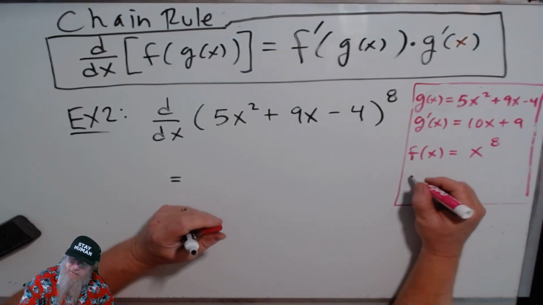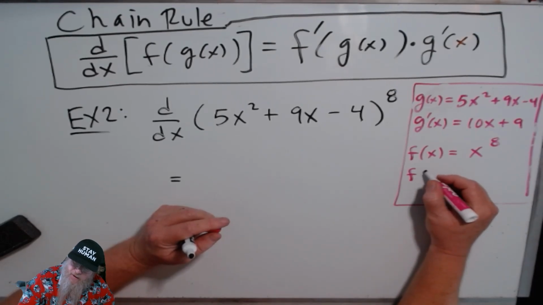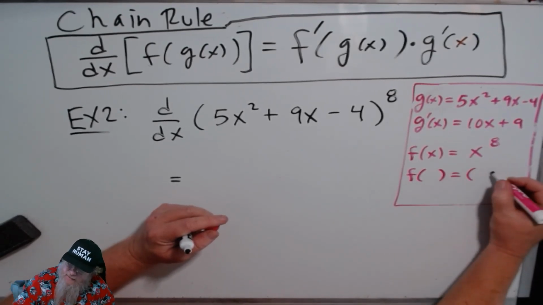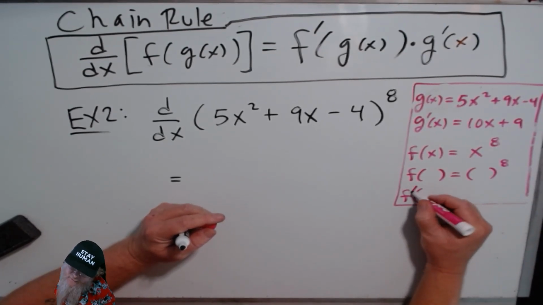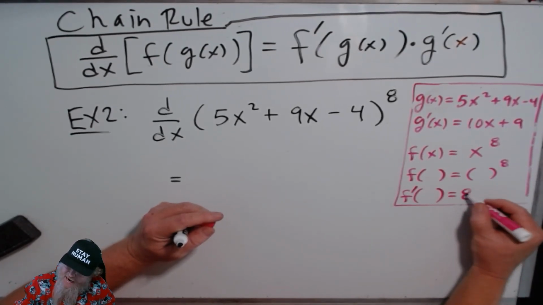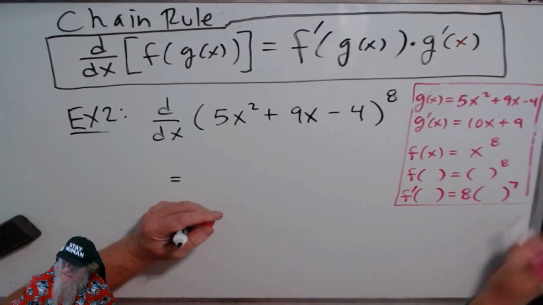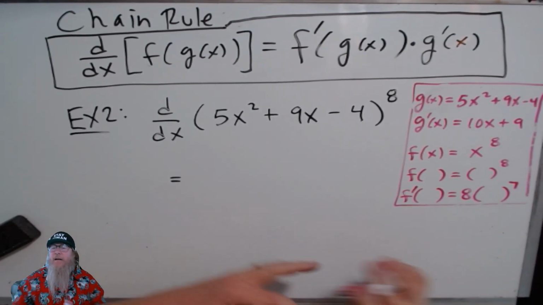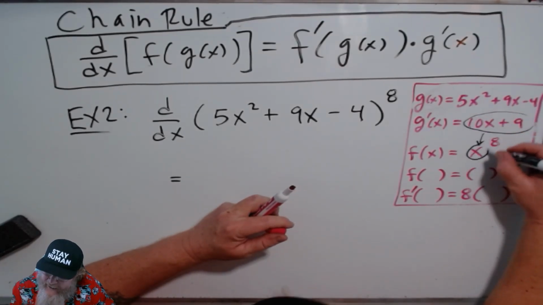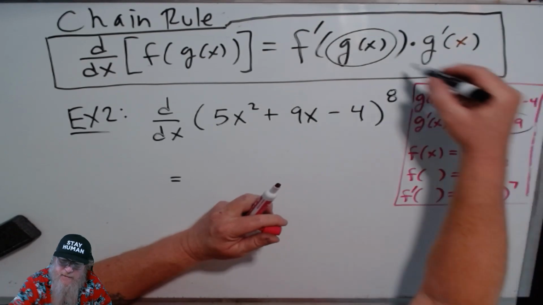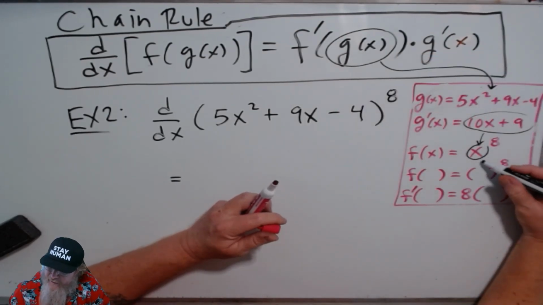Now the derivative of f of blank is 8 blank to the 7th. And remember, g is inside of f.